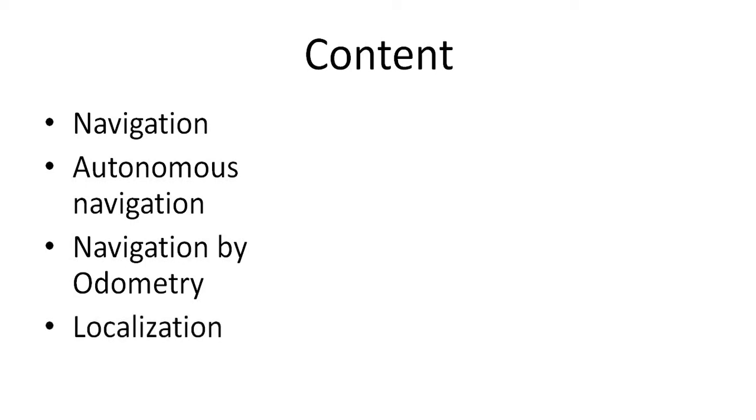Then we shall learn about localization and how the robot can localize itself in the environment. After that, there is an explanation of the robot's pose. What is the pose of a mobile robot?